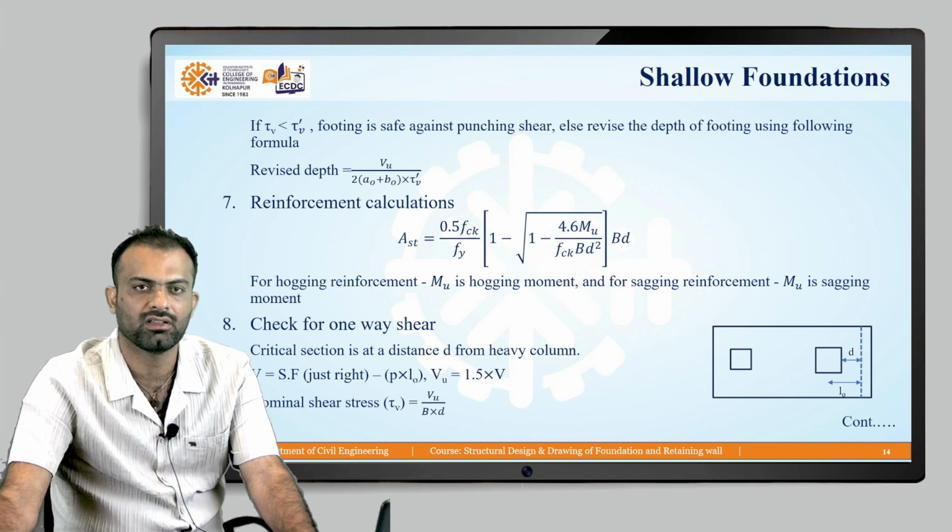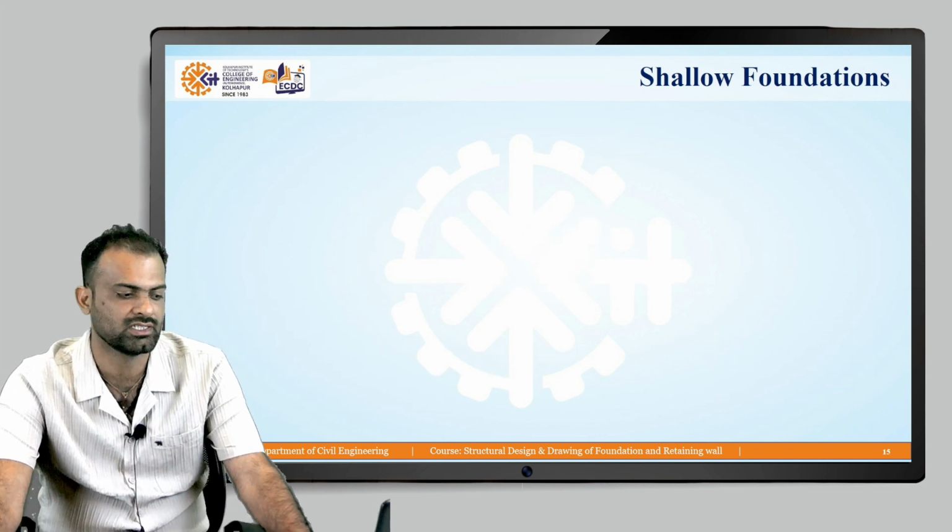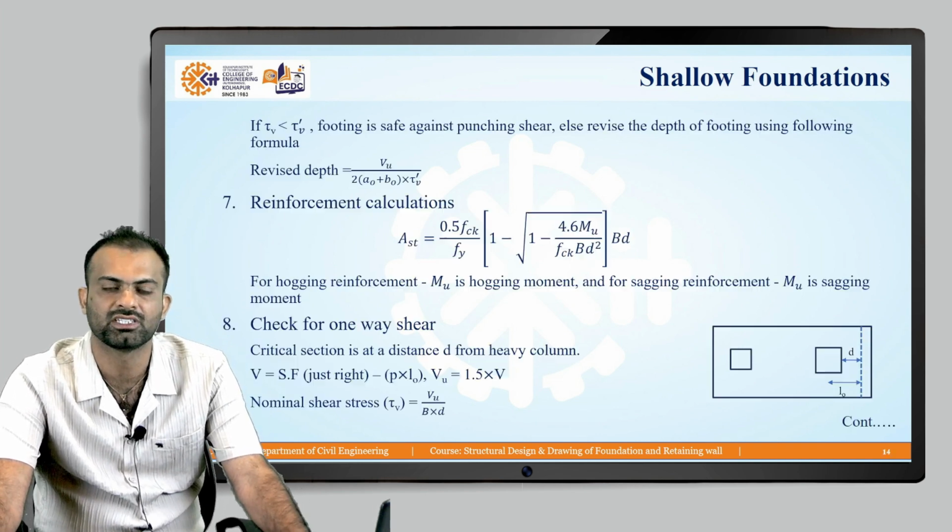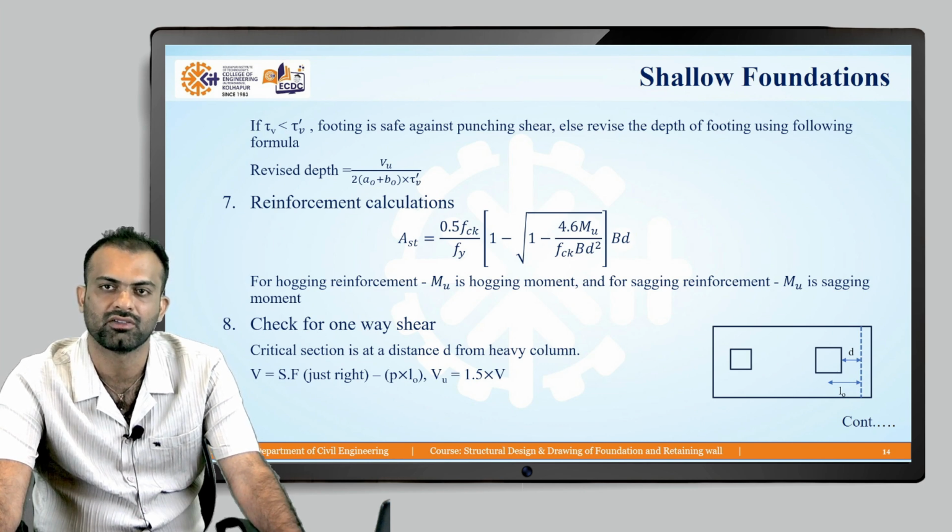By knowing the critical section for one-way shear, first we need to calculate the shear force at the critical section, so the shear force just right of the column. Here we will have two shear forces.